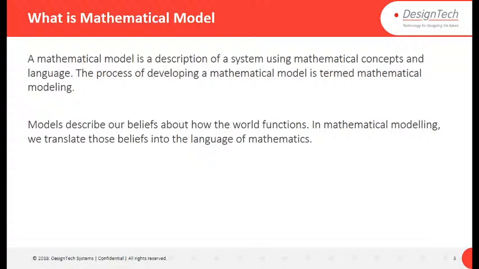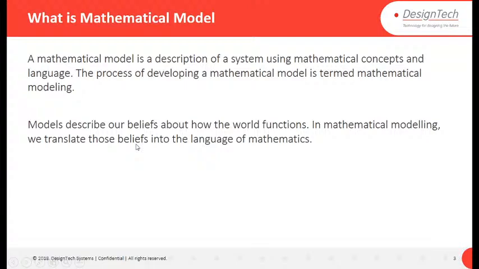That is a system. And if you want to do mathematical analysis on it, or create a mathematical model for it, the process which we do to create a mathematical model for your system is called mathematical modeling.